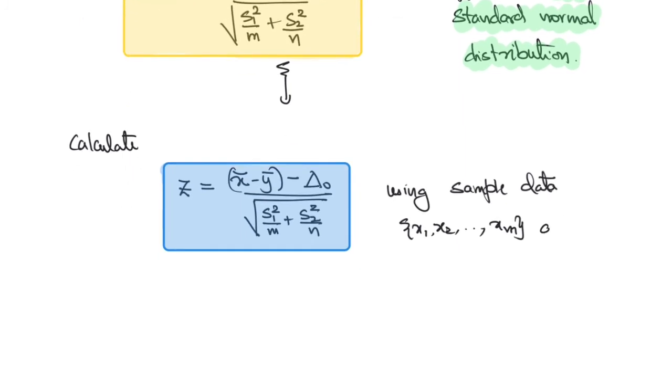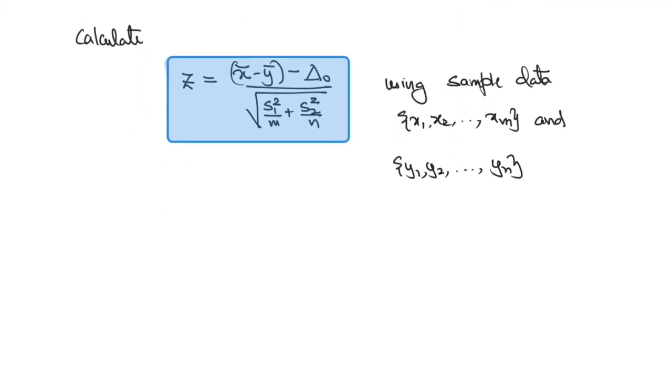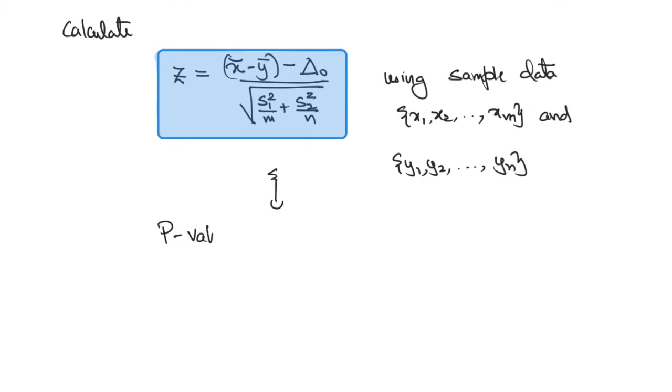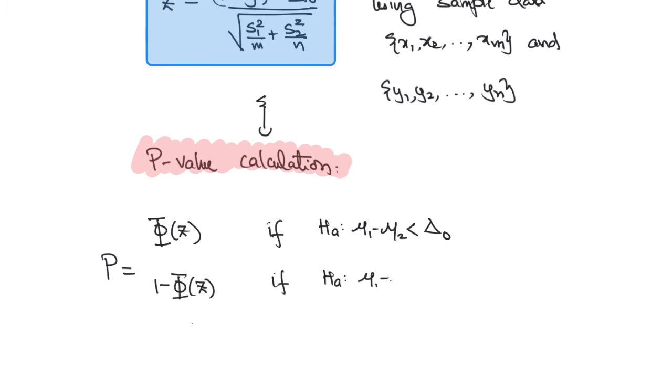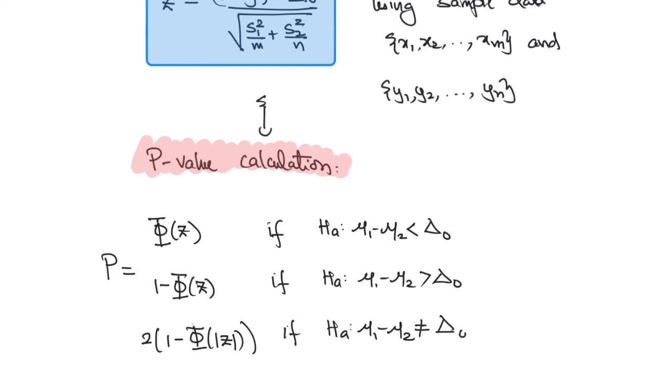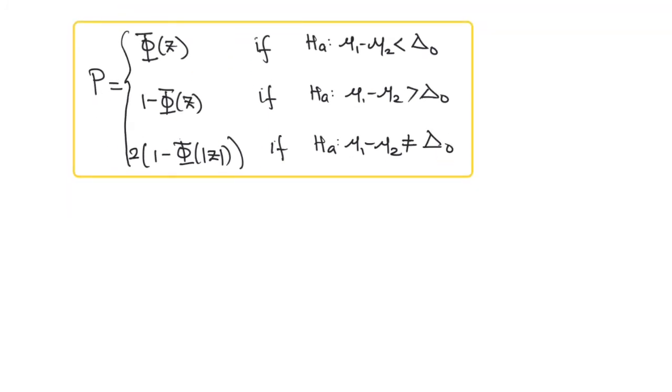Now using small z and noting that capital Z has the standard normal distribution, we can calculate the p-value as phi of z if we are working with the lower tail test, 1 minus phi of z if the alternative hypothesis corresponds to an upper tail test, and 2 times 1 minus phi of the absolute value of z if you are working with a two-tailed test.